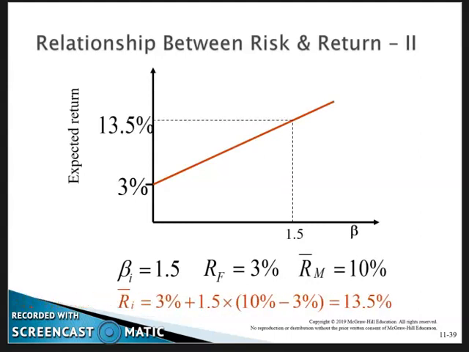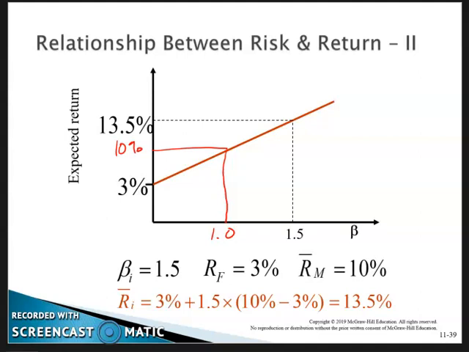We take our risk-free rate of 3%, we add it to our beta 1.5 times 10 minus the risk-free rate, and we get 13.5%. So remember our market portfolio, not very well drawn, but this is how the capital asset pricing model works.